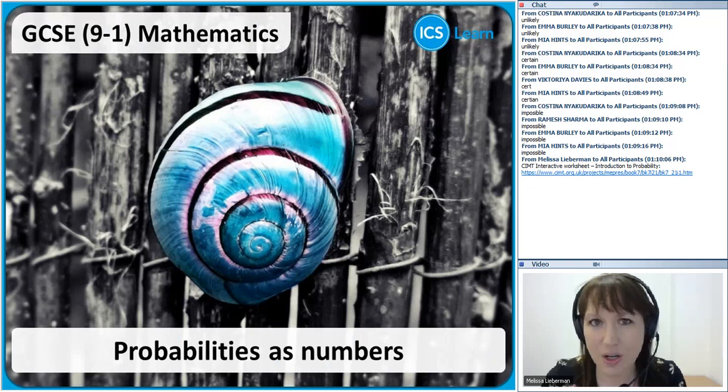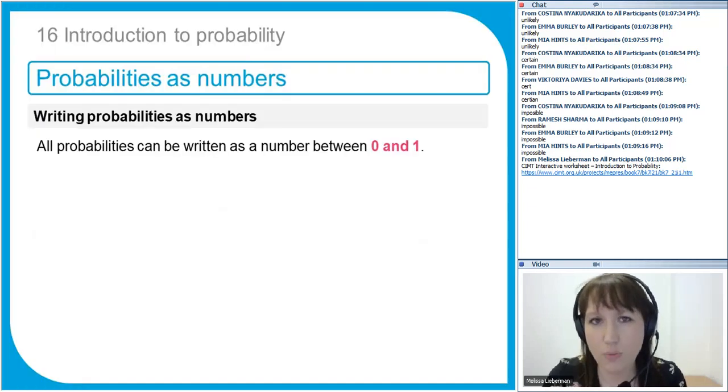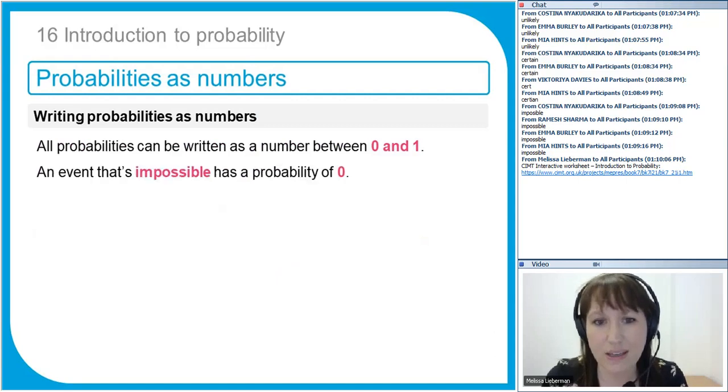So now let's have a closer look at probabilities as numbers. So all probabilities are on a number scale between 0 and 1. Now you might have things like gambling odds that you might have heard of, but in GCSE maths, probabilities are always given as fractions, and those can also be decimal fractions or percentage fractions. All equivalents will be accepted, but usually it's fractions or decimals.